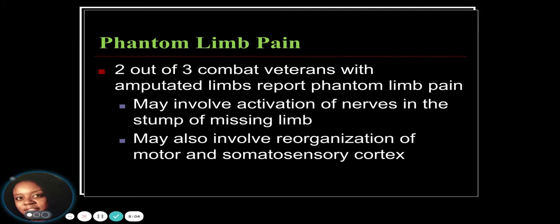What tends to occur is that sometimes, even though the limb has been lost, the nerves that exist in the stump of the missing limb reorganize and make the person feel like they still have their limb, which can be very devastating.